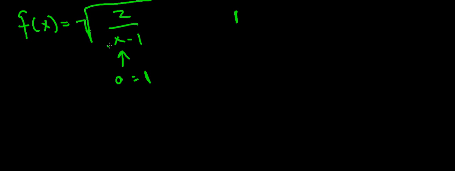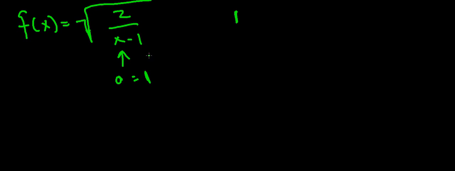And now we need to figure out what x values would cause this to be negative. So here we're having 2 over x minus 1. So what's going to make this fraction a negative is if x becomes smaller and smaller. So if we have x minus 1, that gives us 0. But as soon as we get smaller than that, then we're going to have a negative fraction. So if I put 0 in, that's going to give us minus 1, and 2 divided by minus 1 is minus 2.